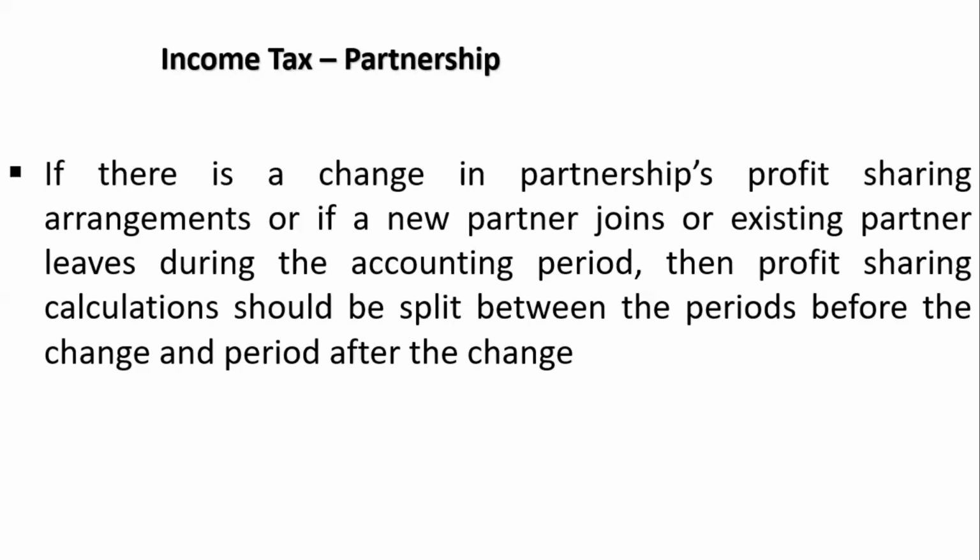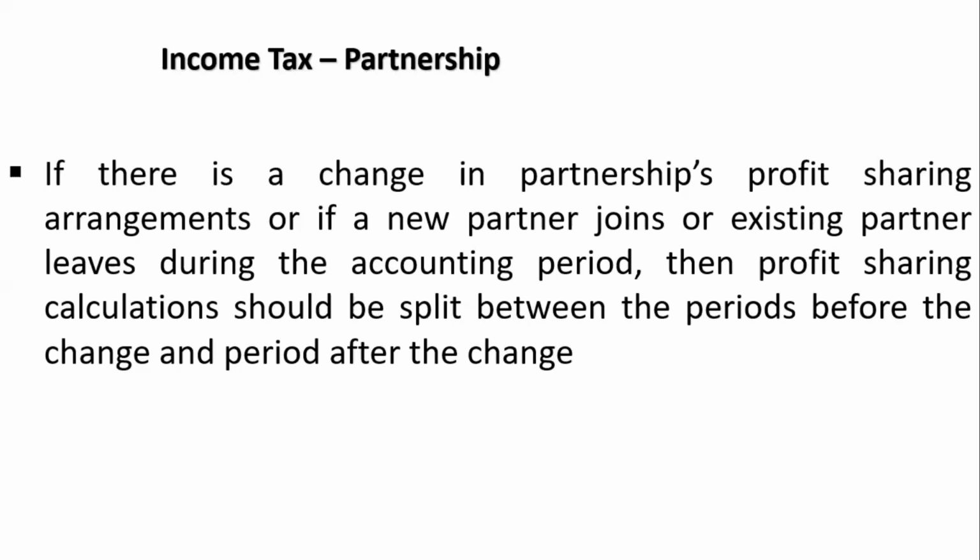No problem with that. Or if there are four partners and from 1st January one partner leaves, up to 31st December profit will be shared between four partners, and after that the next year's profit will be shared between three partners.